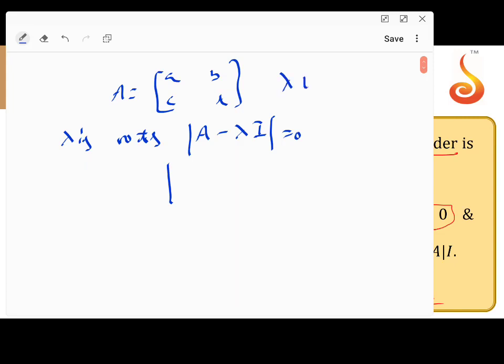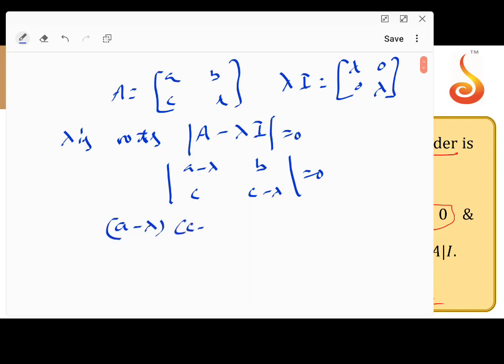What is λI? λI means λ 0 0 λ. If you subtract both, a − λ, b − 0 = b, c − 0 = c, d − λ, equal to 0. So now cross multiply and find the determinant: (a − λ)(d − λ) − bc = 0.